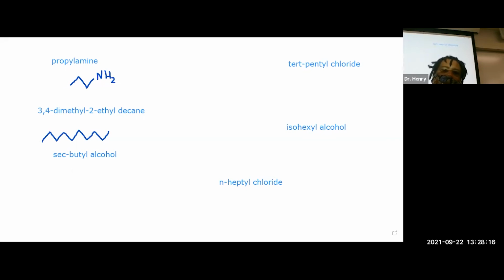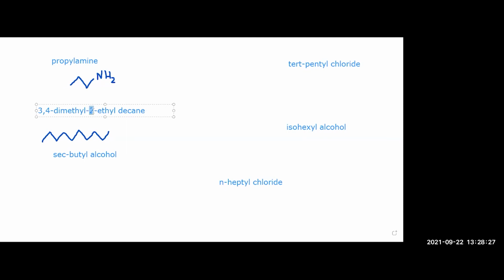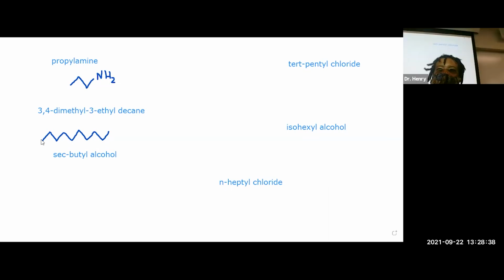You need a 3 ethyl at least, because 2 ethyl would make it not the longest chain. Does that make sense? Do you guys see why it can't be 2 ethyl? You don't see why it can't be 2 ethyl?